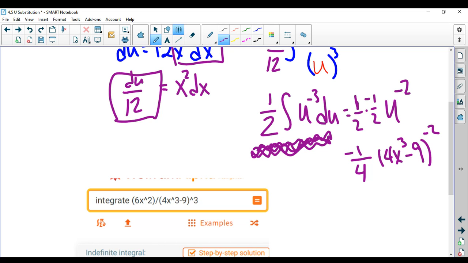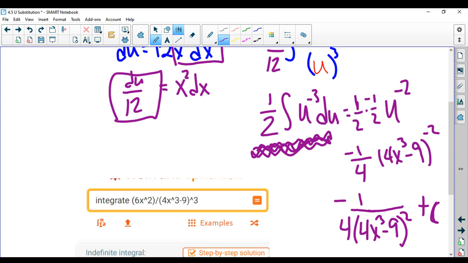Bring that down to make the exponent positive. So it's negative 1/4 times the quantity of 4x cubed minus 9 to the positive 2. And then I'm done. I'm going to add my plus c.